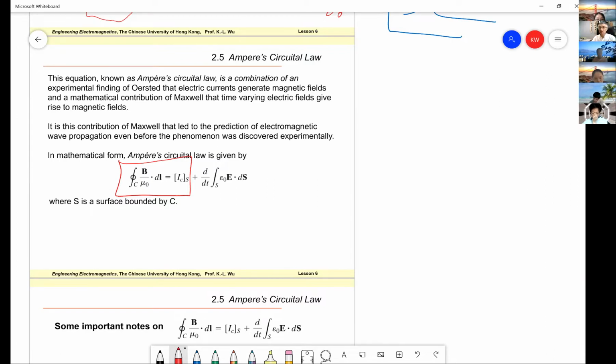So therefore, Maxwell mathematically discovered we must add this term. This term we gave a name, we call displacement.